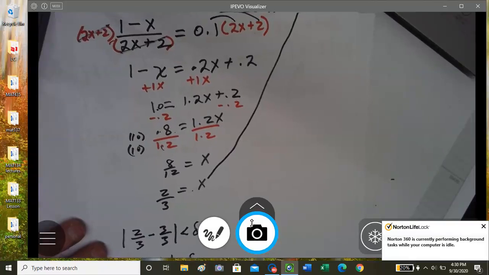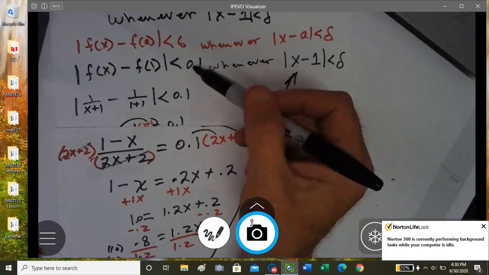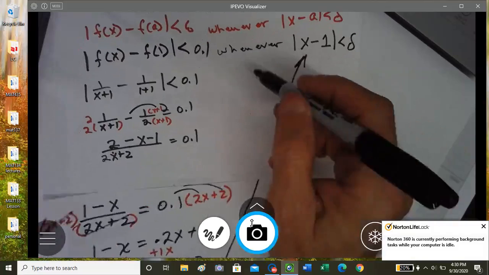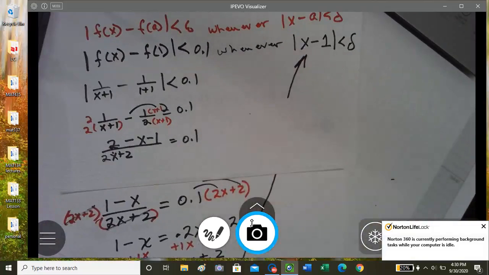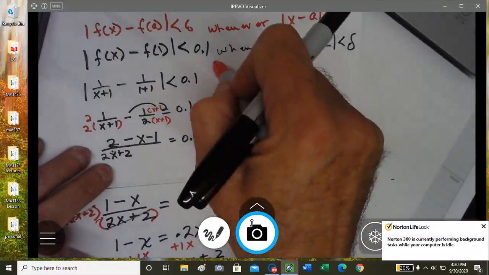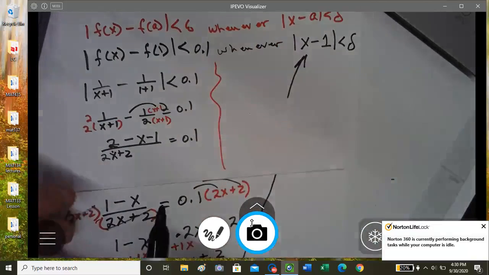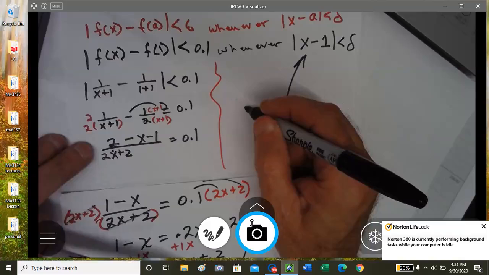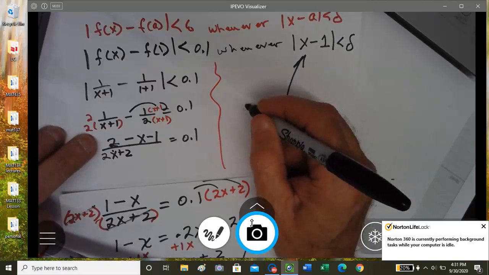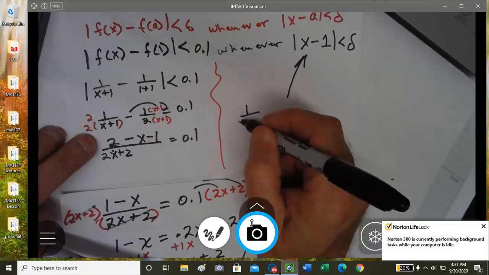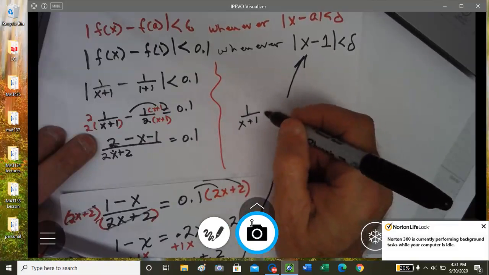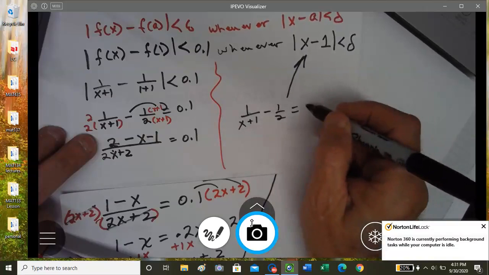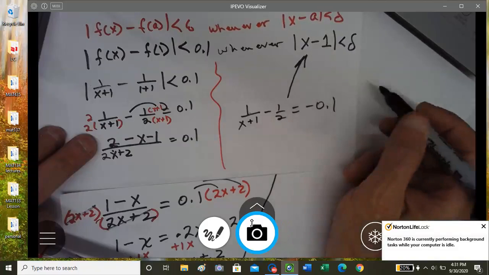Well, that's when 0.1 is positive. Well, what if, now let's look at 0.1 when it's negative. So now we're going to look at the same thing, 1 over (x plus 1) minus 1/2 again is equal to a negative 0.1.